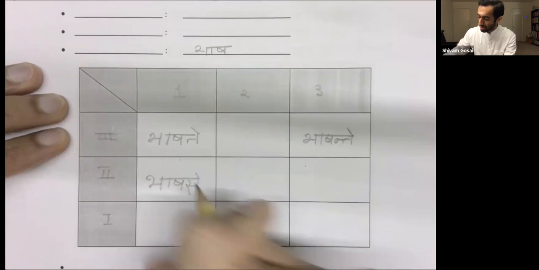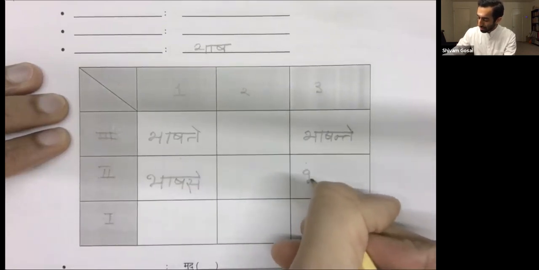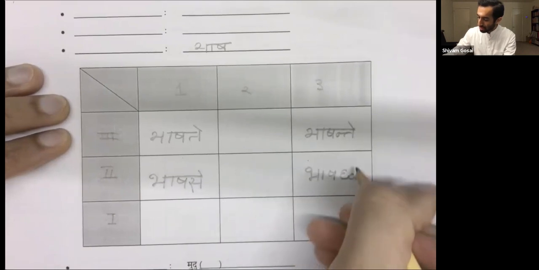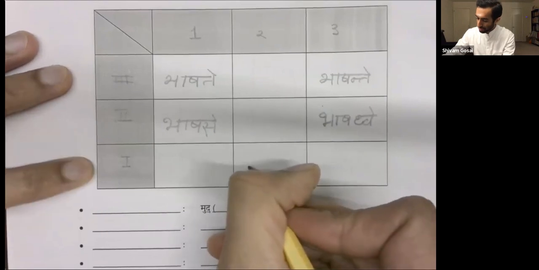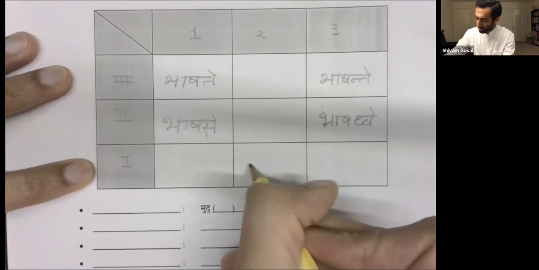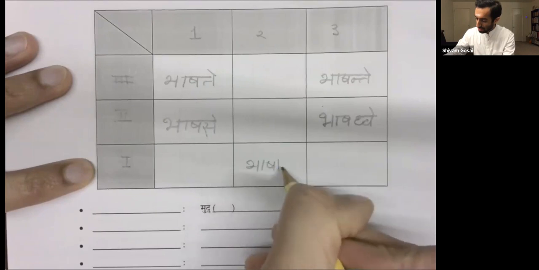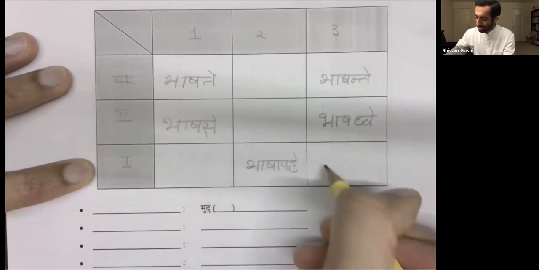We're going to review this, so no worry if this is not connecting. Madhyama Purusha Bahuvachanam, Bhashadhve. Then Uttama Purusha Dvivachanam, Bhashavahe. Bhashamahe.